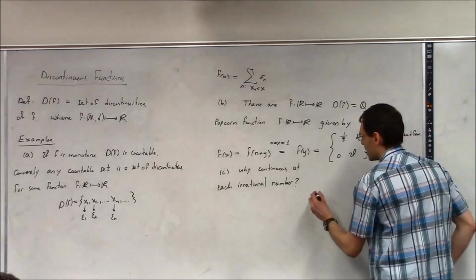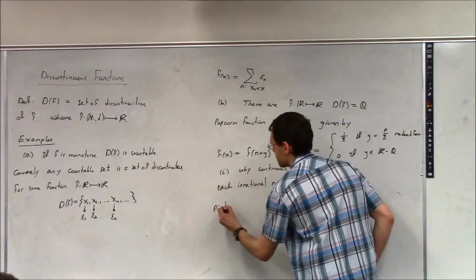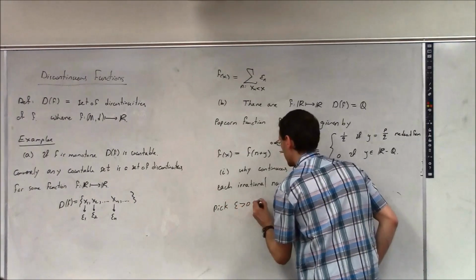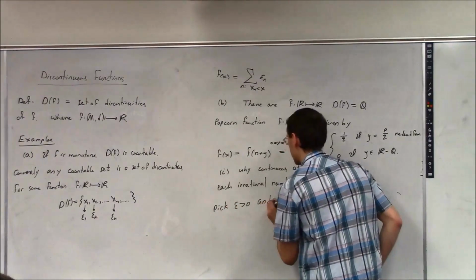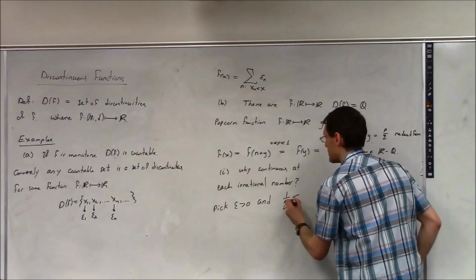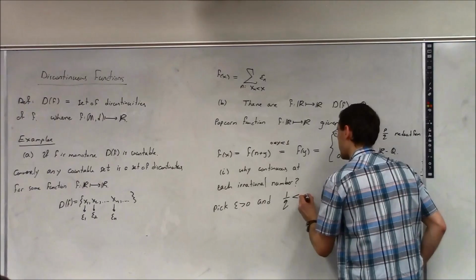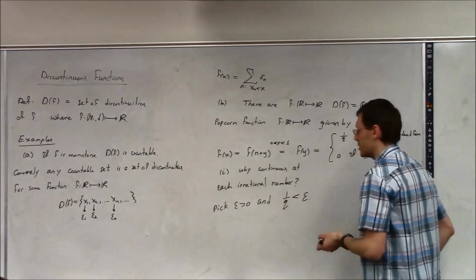And the way to see this is just pick epsilon bigger than 0, and 1 over q smaller than epsilon. So make sure that 1 over q is smaller than epsilon.